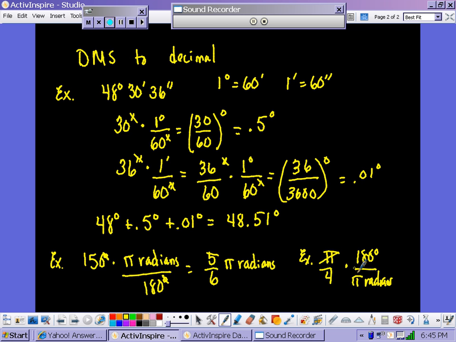And then these cancel out, or in this case we say simplify to 1, and then we end up with 180 divided by 4, which gives us 45 degrees. And so we are done.